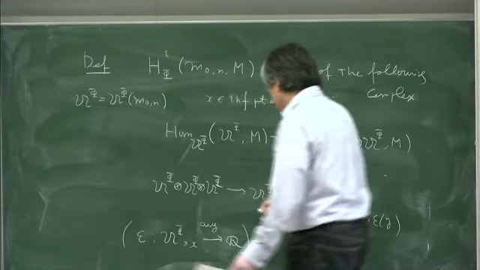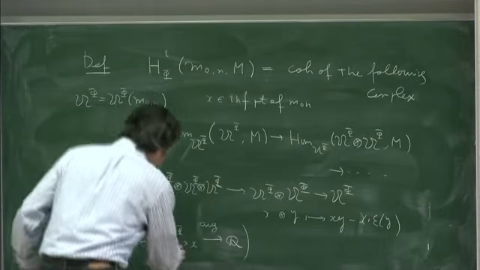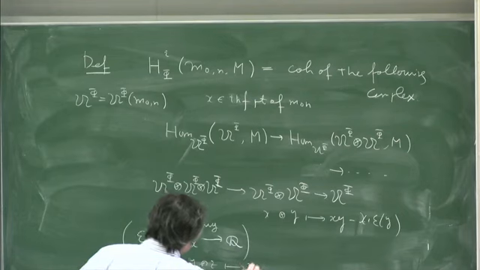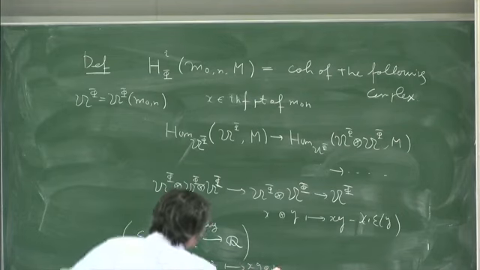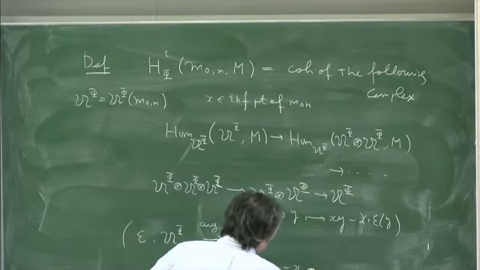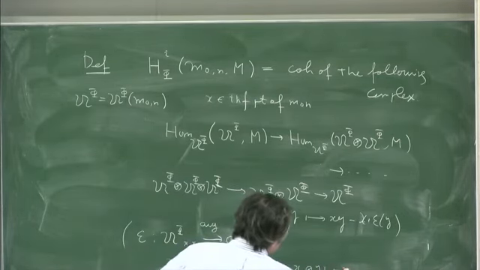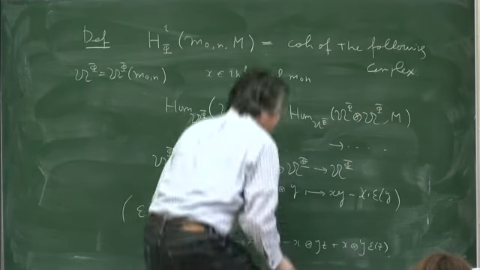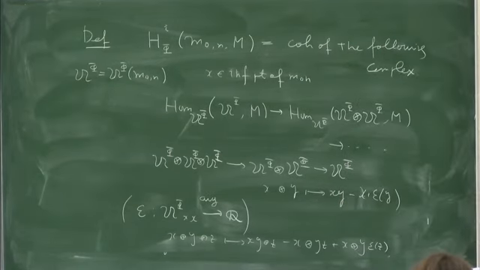Then for example, this map sends X tensor Y tensor Z to XY tensor Z minus X tensor YZ plus X tensor Y epsilon(Z), and so on.